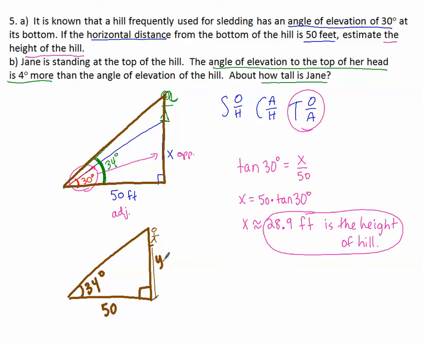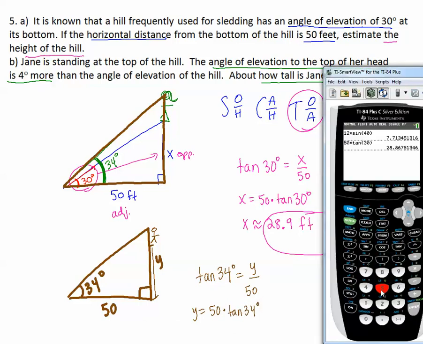So again, opposite and adjacent makes us use tangent. But now it looks like this. Tangent of 34 degrees equals opposite over adjacent. So y is going to be 50 times the tangent of 34 degrees. Let's grab our calculator. 50 times the tangent of 34 degrees, and we have 33.7.